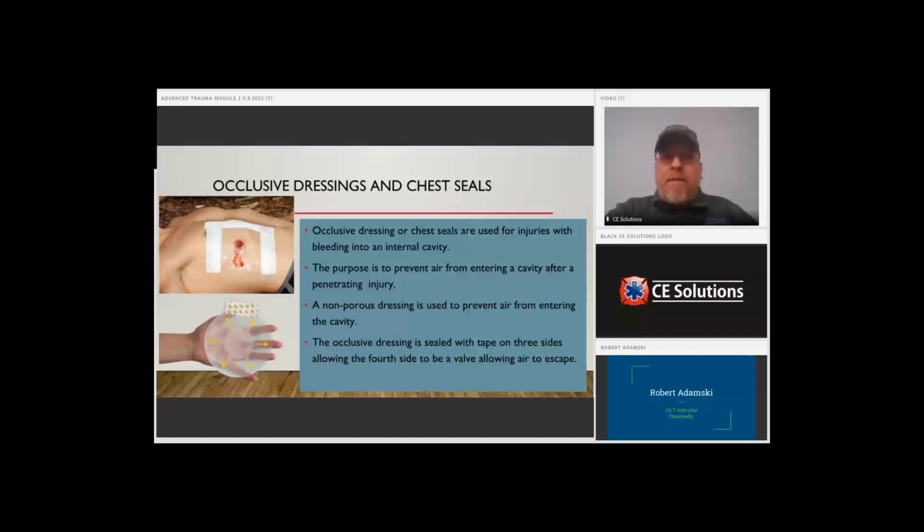Moving on, we're going to talk about occlusive dressings or chest seals. Obviously, if you have an injury to the thoracic cavity, or anywhere near the thoracic cavity, and that includes near the diaphragm, because if it is a projectile type injury, like a bullet wound, depending on the path of that projectile, the entry wound might be in the abdomen.